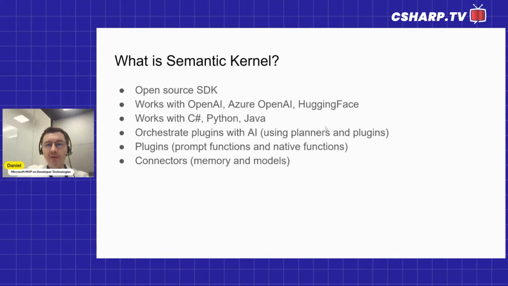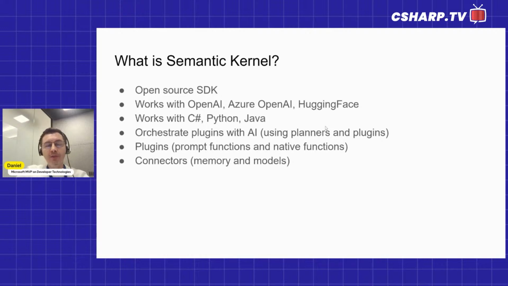And why was that? It was because OpenAI had a lot of changes. They added function calling, they added assistants, a lot of features, and these had a direct impact on the development of this library. But maybe the most important part is that this library is for .NET developers.